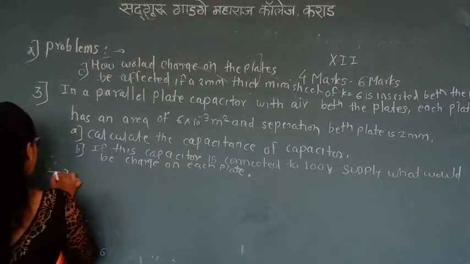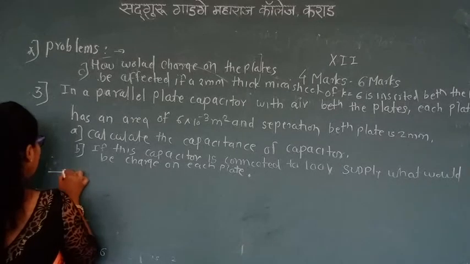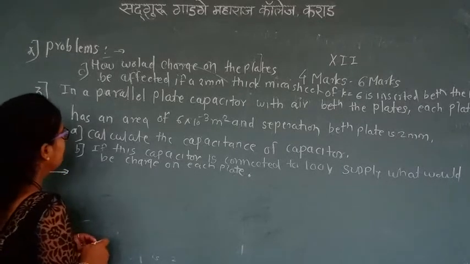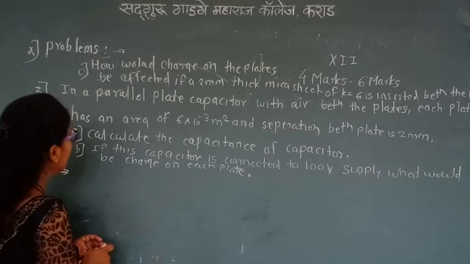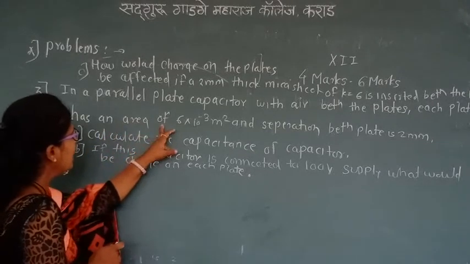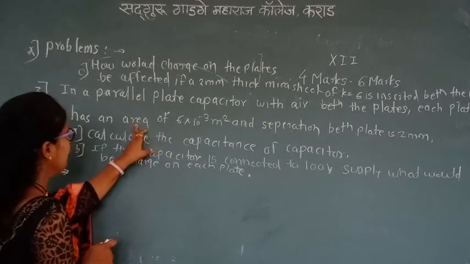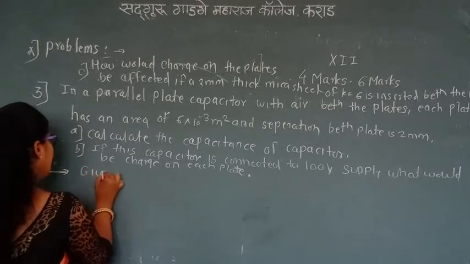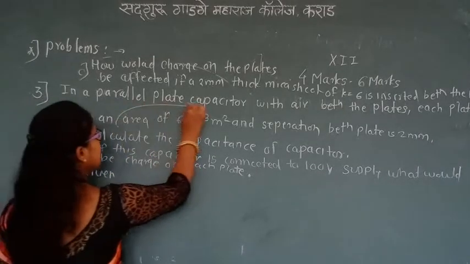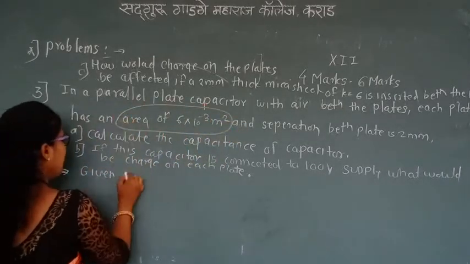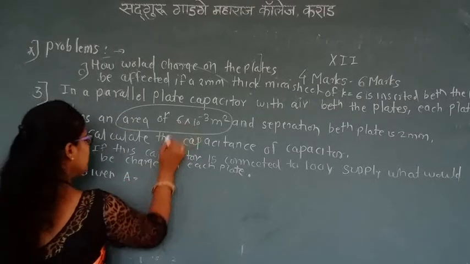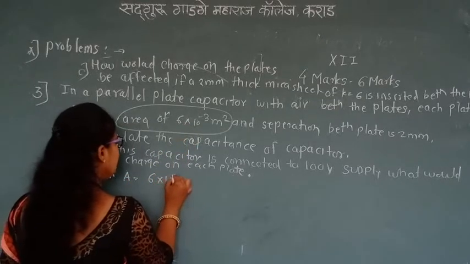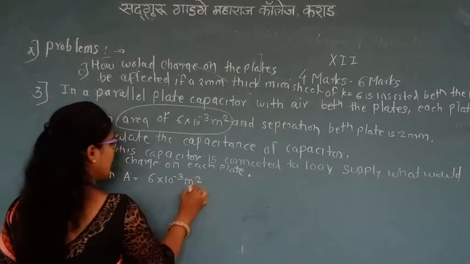Now, what values are given here? First of all we see what is given. Area is given: A is equal to 6 into 10 raised to minus 3 meter square.